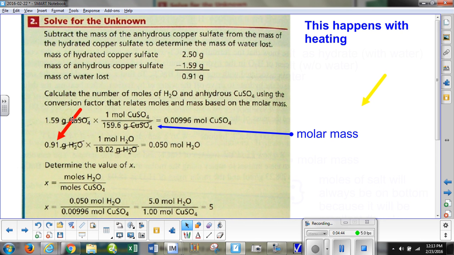Now when we go down here, we wind up with 91 grams of water, and we want to change that into moles. So we do that with the molar mass of water. And that's what the 18.02 is. And that gives us the 0.50 moles of water. Now, the next step after doing this, we want to get the ratio of the moles of water to the moles of copper sulfate.